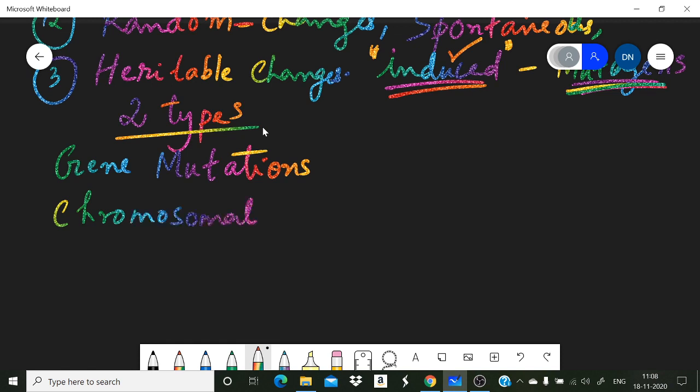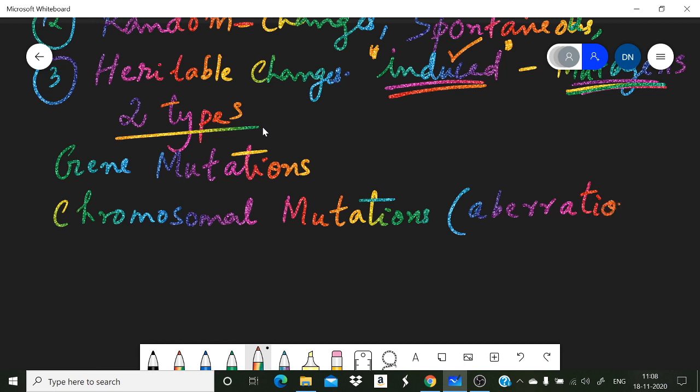Chromosomal mutations or chromosomal aberrations mean damage, destruction or disarrangement of the chromosomes. One is gene mutation, another one is chromosomal mutation.